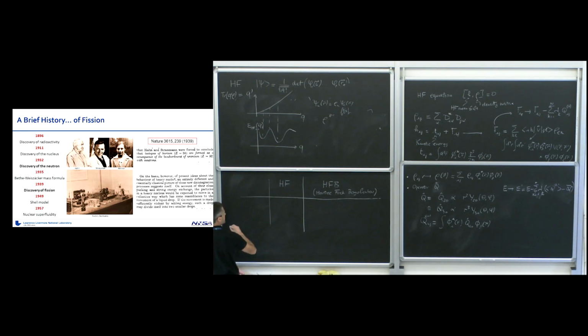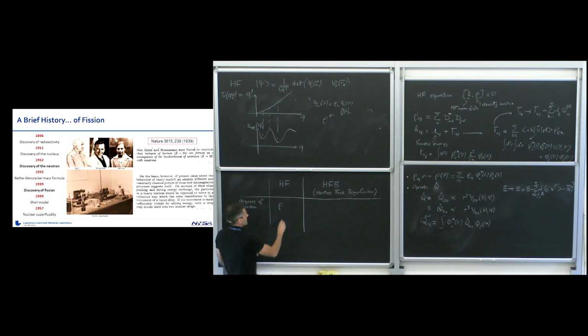First of all, let's look at the degrees of freedom of the theory. What do I mean by degree of freedom? Well, in Hartree-Fock theory, everything depends on the density. If you know the density, you can calculate everything at the Hartree-Fock approximation. So the degrees of freedom for Hartree-Fock is the density matrix. That's it.